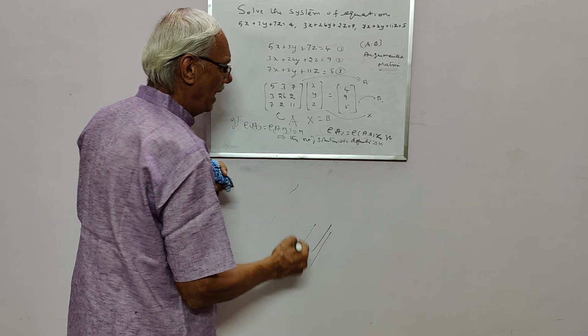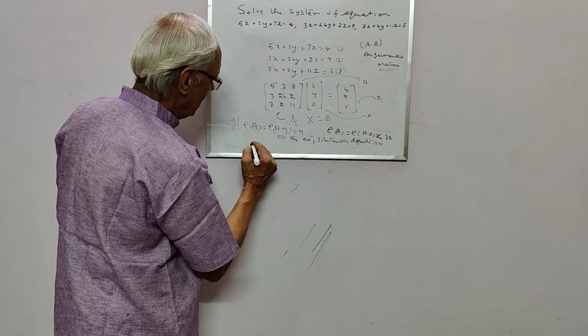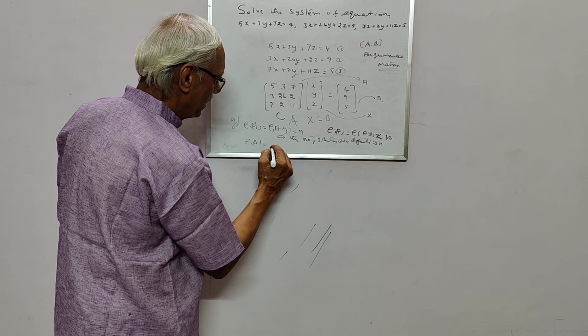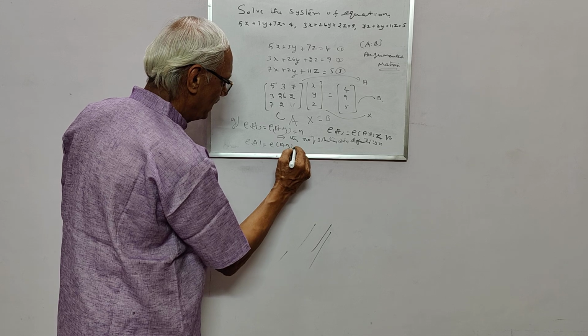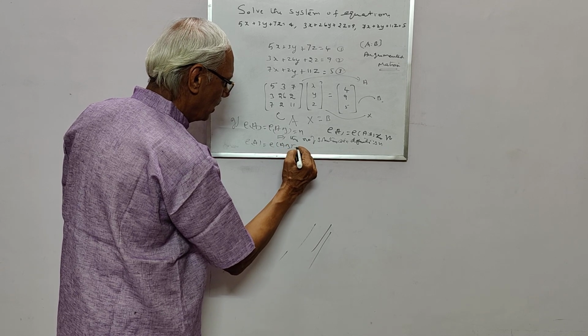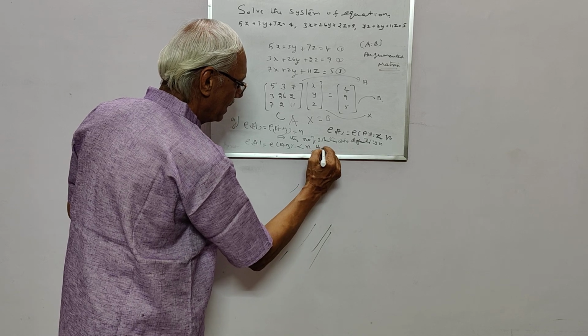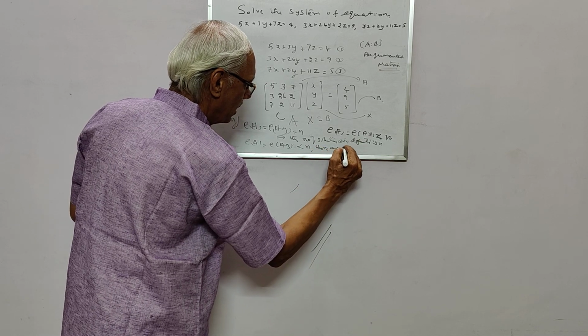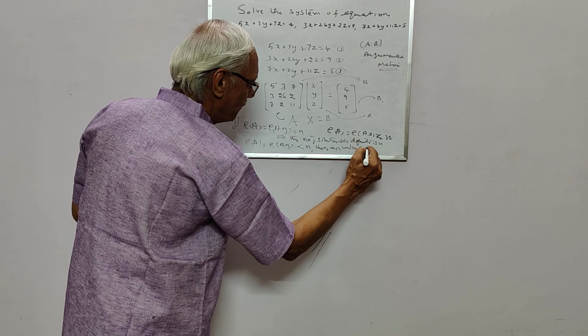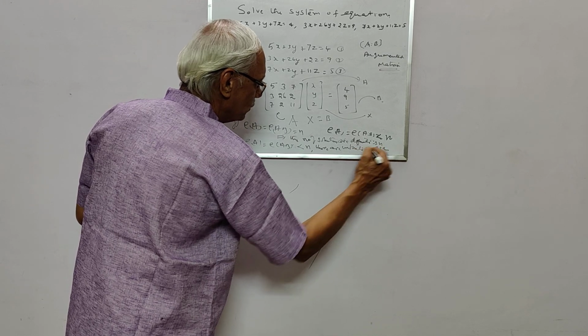And if the rank of A is equal to the rank of [A|B] and is less than n, then there are infinite number of solutions.